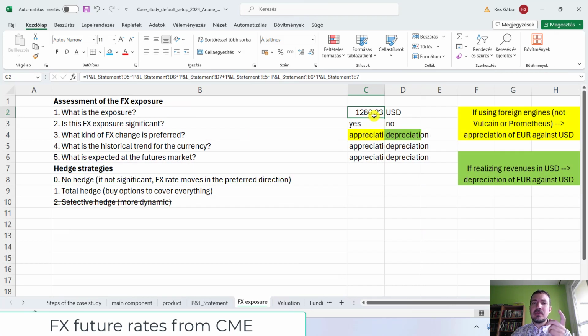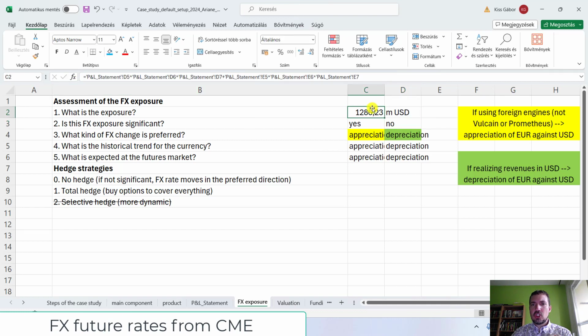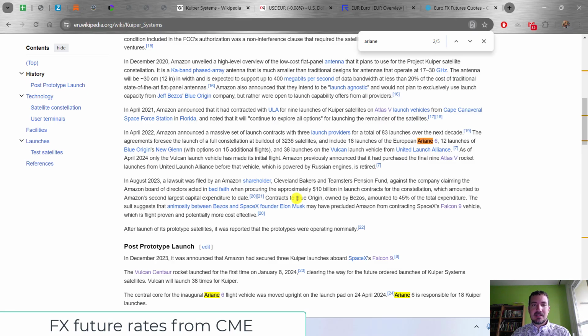Yep, that's in US dollars and obviously in millions. So if the whole cake is 10 billion and we have eaten 1.3 billion from it, then we can say that it's realistic.